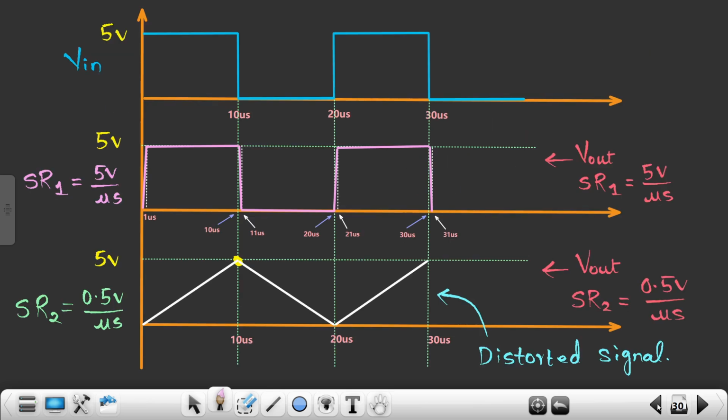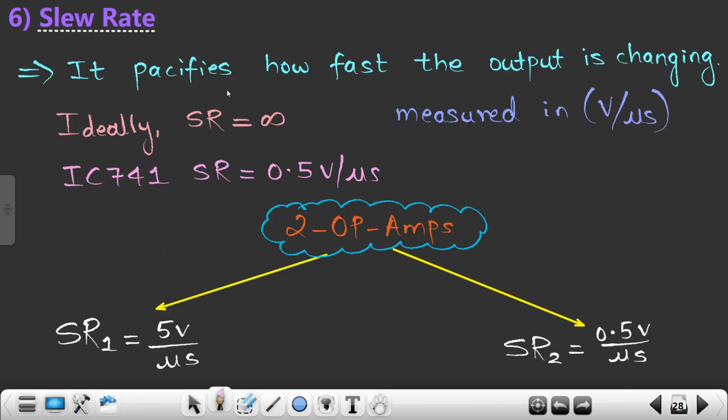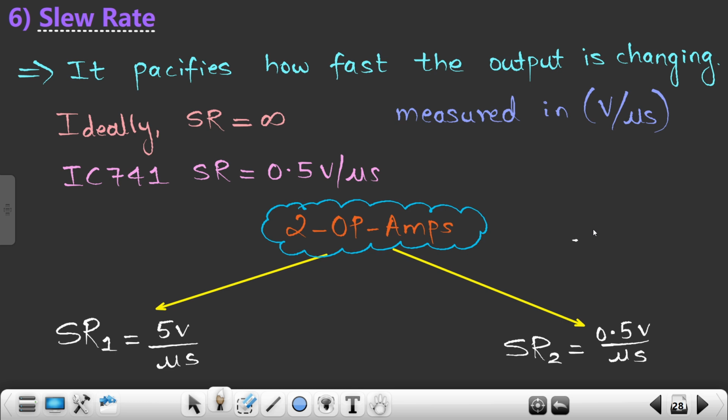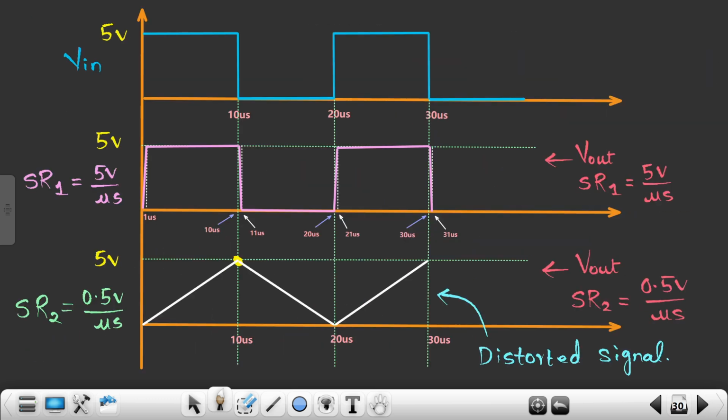When I started this topic, I provided a rough definition, that it specifies how fast my output is changing. Its formula is dV by dt. If something is changing, there should be another parameter telling us that this parameter is changing with respect to that parameter. So how fast my output changes with respect to time is given by dV by dt. We actually take the slope. You see over here, this is my slope, how fast my output is changing.